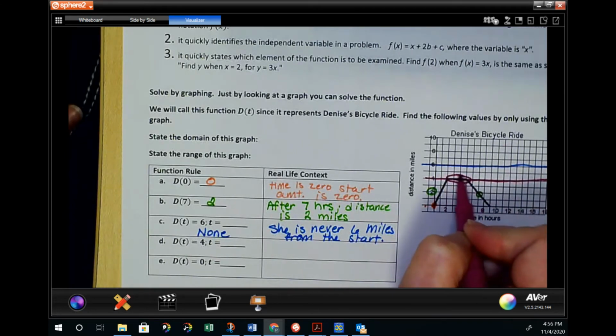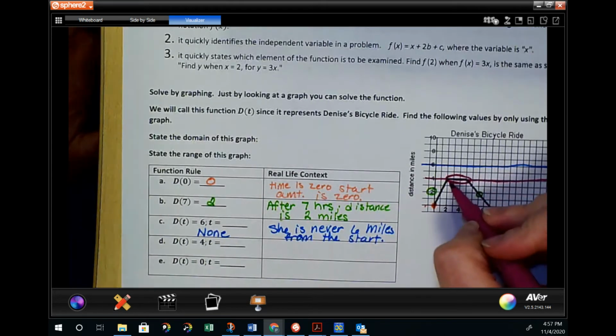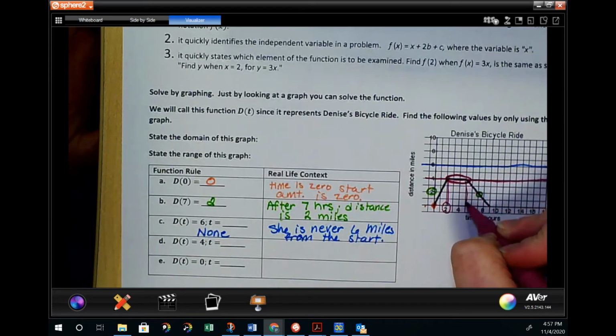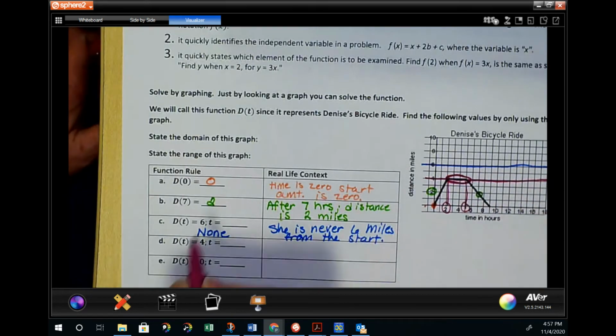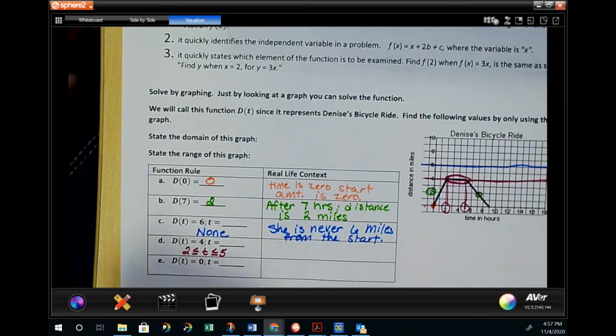And then I notice that I get that part that's in between there. So wait a second. This value right here is from 2 to 5. So this T, I'm just going to write 2 to 5. That's that distance that she is going to be from 2 to 5. That's going to be that particular distance.